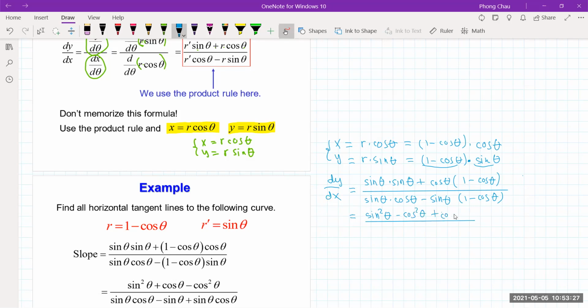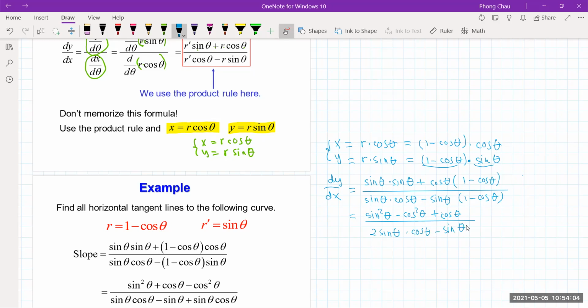So we have sine squared minus cosine squared plus cosine theta. At the bottom, you have sine times cosine, and I have negative sine. And there's another sine: negative times negative is positive, so I have another sine times cosine. So you combine it to 2 sine theta times cosine theta minus sine theta.